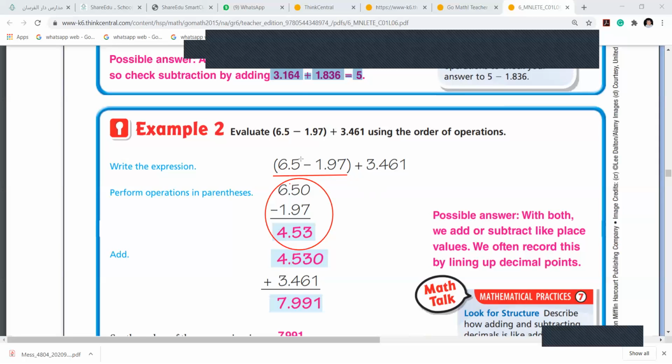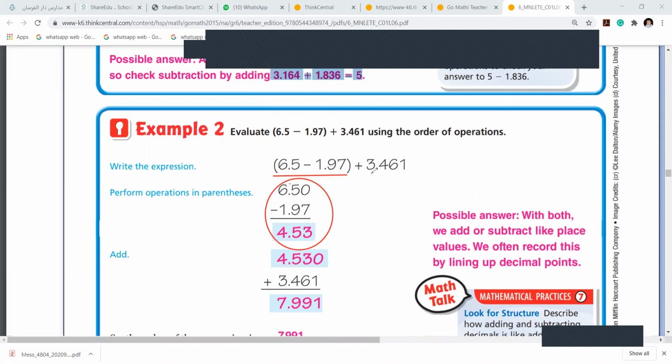Yeah, I understand. This was your first step. Your first step was to minus it. Then whatever answer I got, I plus it with the second part. Okay?